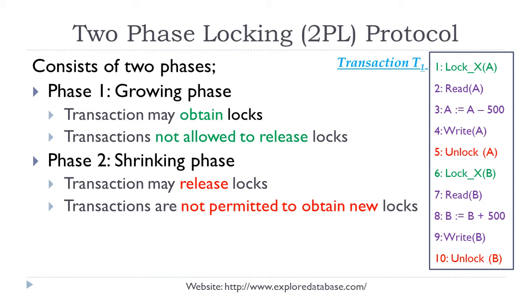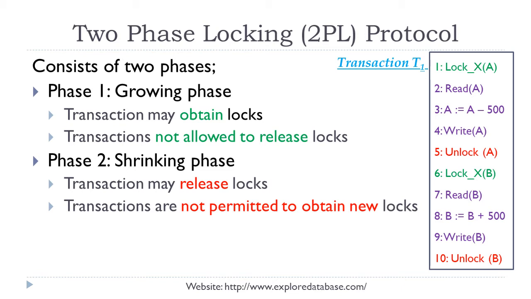Let us see an example of this. Here, this transaction transfers money from account A to account B. So data items A and B should be locked in exclusive mode. Instructions 1 and 6 do that. Once you have successfully executed instruction 6, that means you have acquired all the locks.